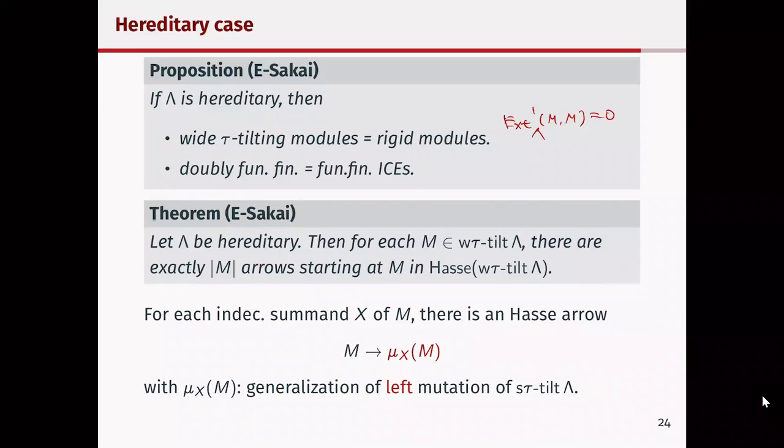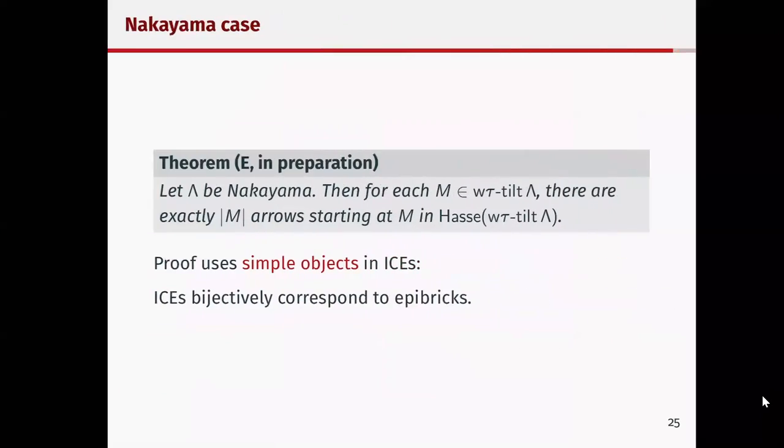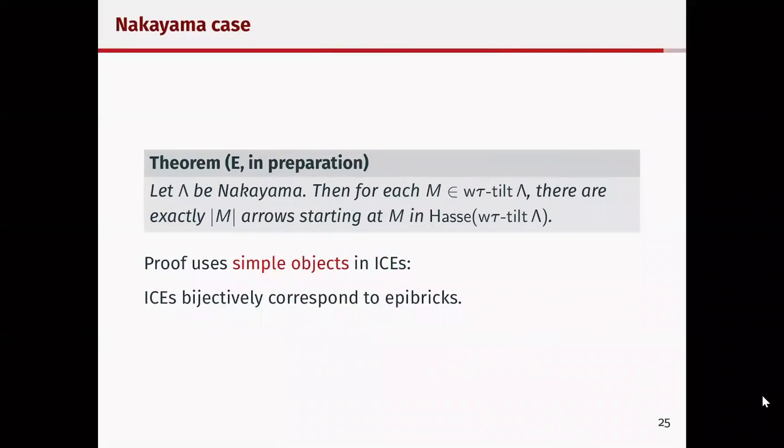And finally, I will talk about the Nakayama algebra case. In the Nakayama algebra case, it turns out that exactly the same thing happens. Suppose that lambda is a Nakayama algebra, then for each wide tau-tilting module M, there are exactly m arrows starting at M in the Hasse quiver of wide tau-tilting modules. The same thing happens, but the proof is very different.